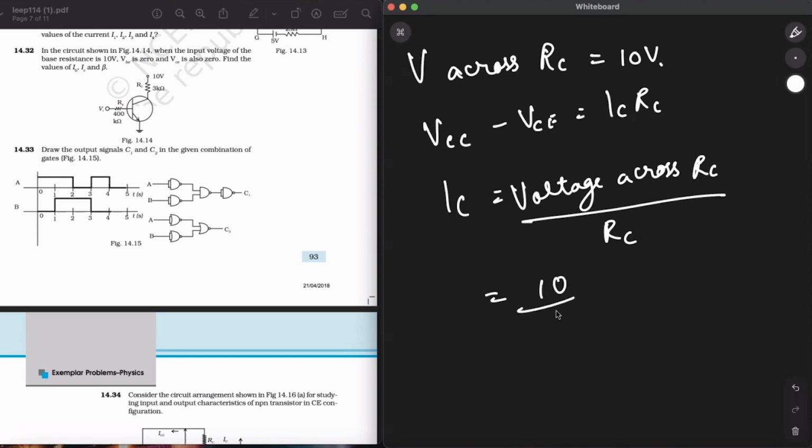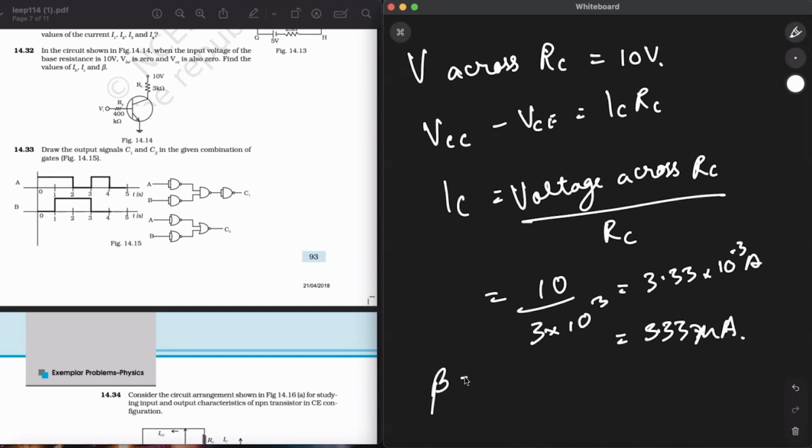So it will be 10 upon 3 into 10 raised to the power of 3, which is 3.33 into 10 raised to the power of minus 3 ampere. I can write it as 3.33 milliampere. Alright. Now beta is nothing but IC upon IB. So 3.33 milli divided by 25 micro. So it will be what?